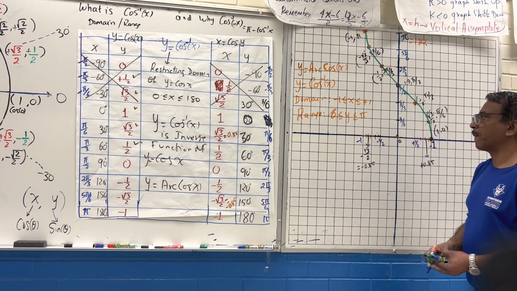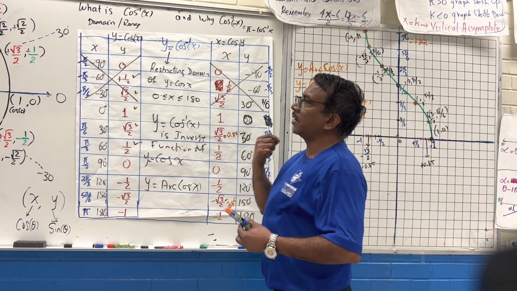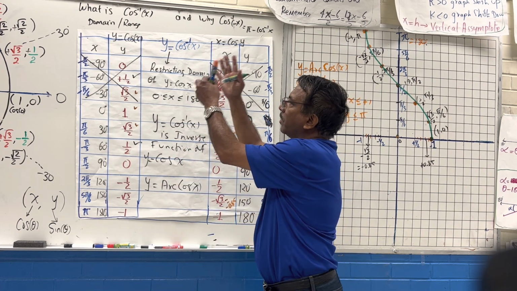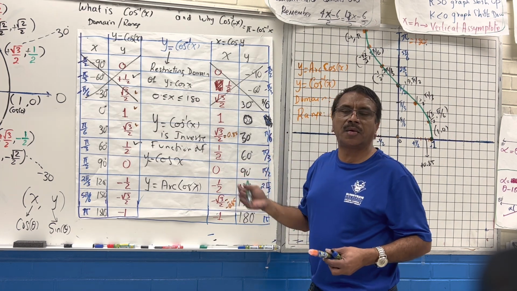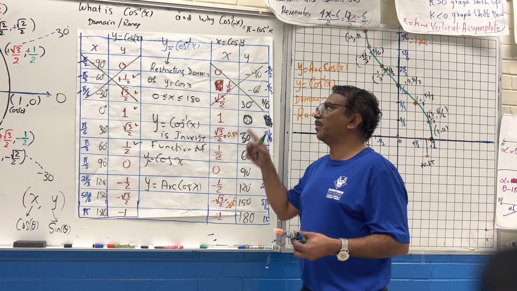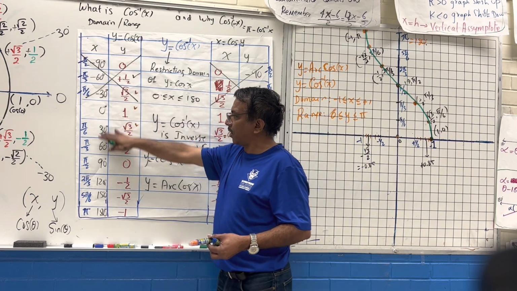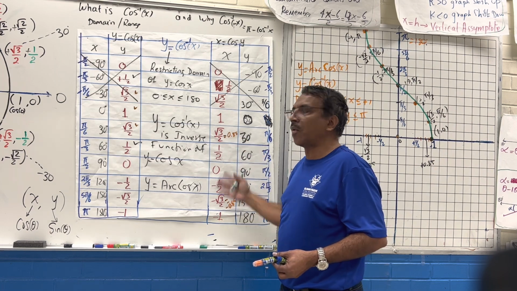Hope that helps. So two things happened. From the unit circle, we took the one column, this one, and then I swapped it. After swapping, we realized that it was not one, it was many. So I had to restrict the domain. I took off this and used only this data, swapped it, and realized that, hey, that's one function.